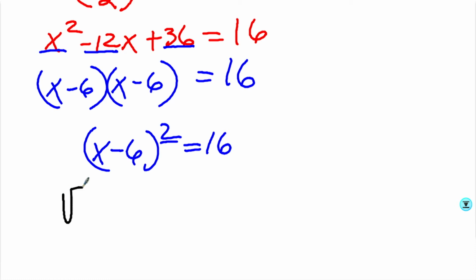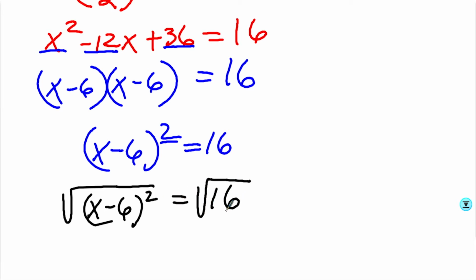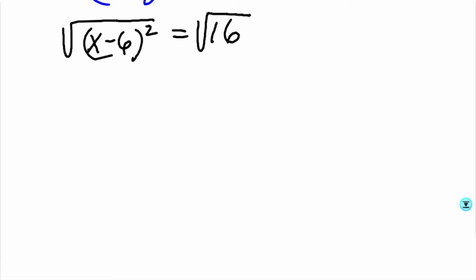So I'm going to take the square root of x minus 6 quantity squared, and that's equal to the square root of 16. Remember, whatever I do to one side of the equation, I must do to the other side to keep it balanced. So the square root eliminates the square, which leaves me with x minus 6, I drop the parenthesis, is equal to the square root of 16.